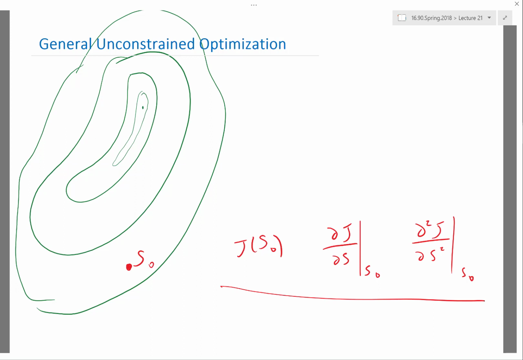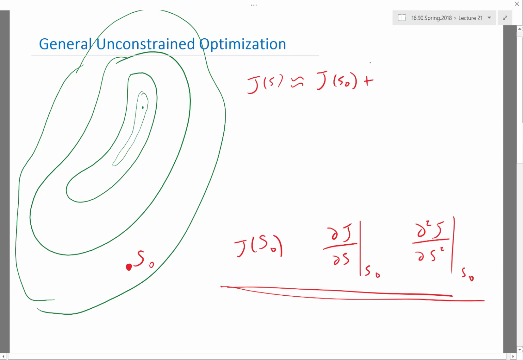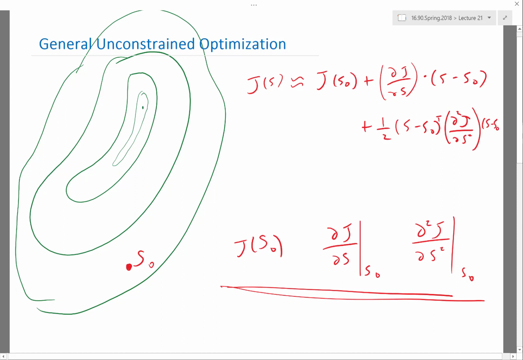A recurrent theme in this course is that if we have these three, we can approximate J of s as J of s0 plus the gradient dot with s minus s0, the linear term, plus half of s minus s0 transpose times the Hessian, which is basically a high dimensional second order derivative, times s minus s0.